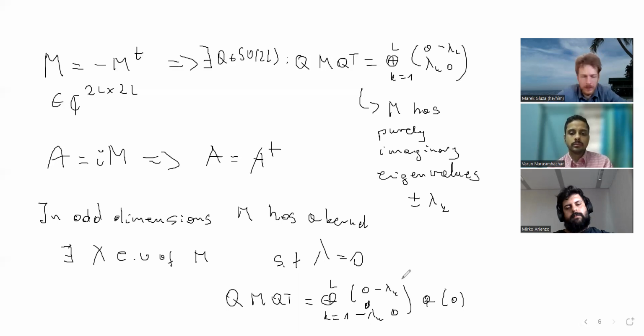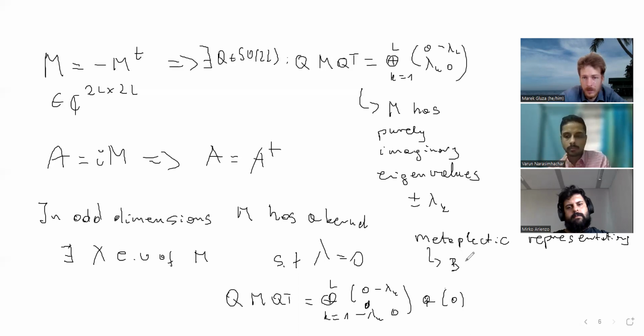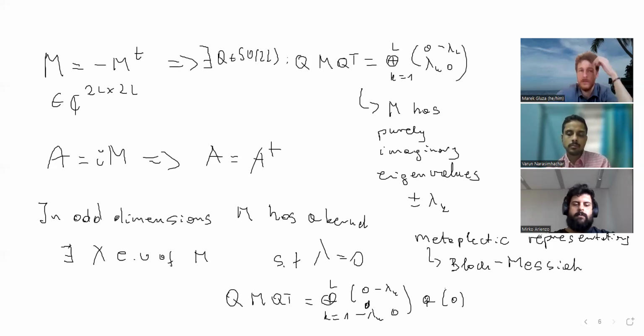We could discuss this a little bit later, but I think Lucas might be doing more geometrical pictures and talking about metaplectic representations and so on. For this, the paper is Bloch-Messiah from the 60s, I think. They do it quite carefully for complex matrices, and that's the calculation I know. Another calculation that you can do is based on this A matrix.